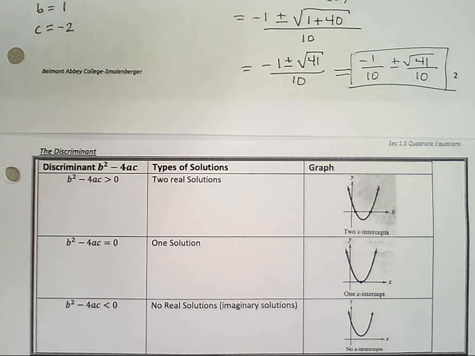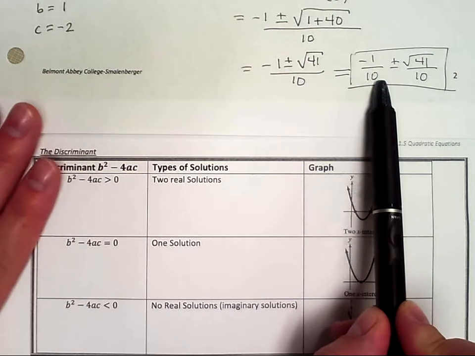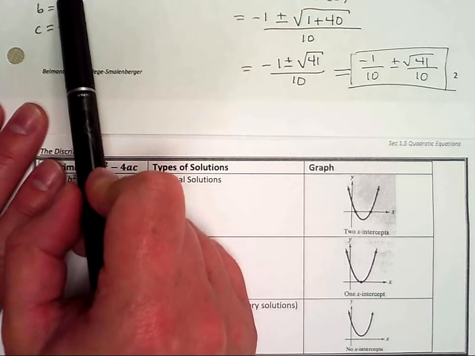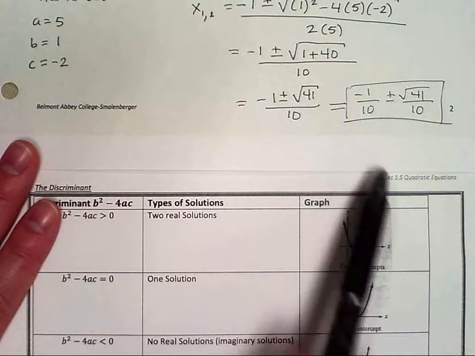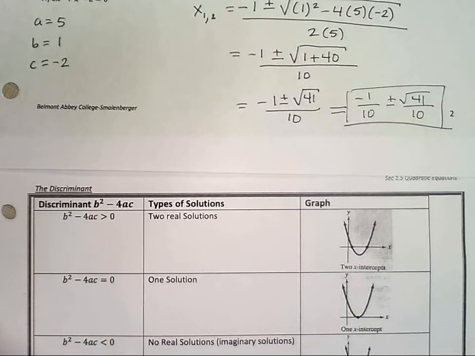Plug in your x values that you get. So you could plug your x values into your original equation. So you can check your work like that. Is there another way to check your work?